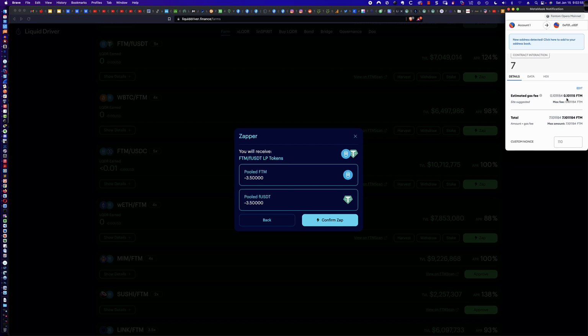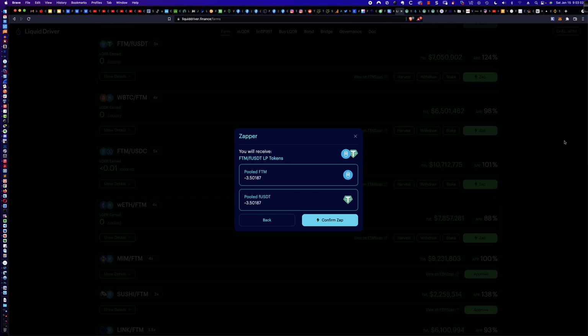It was 4 cents to get into the pool. Remember, multiple things are being done behind the scenes here. It's going to swap half the FTM for FUSDC, then create the LP liquidity provider token for me. All of those things I showed you over on SpiritSwap, and we're going to be transitioning back to SpiritSwap in a second.